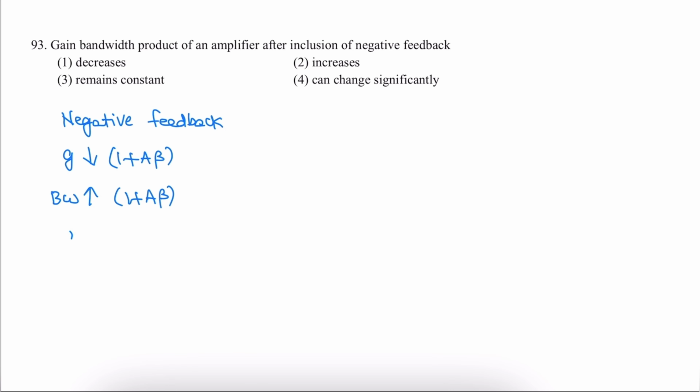Now the gain bandwidth product before feedback as well as after feedback remains constant. There is no change in the gain bandwidth product: gain decreases with negative feedback and bandwidth increases with negative feedback, but their product remains the same. Option 3.